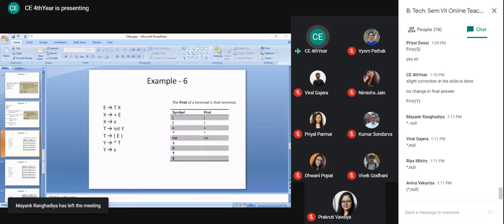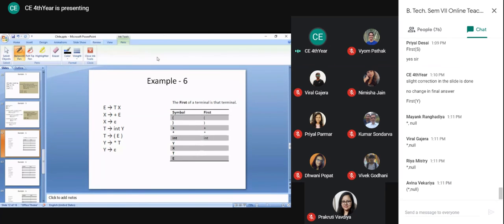It is star and null, because this y gives us star and this gives us null.